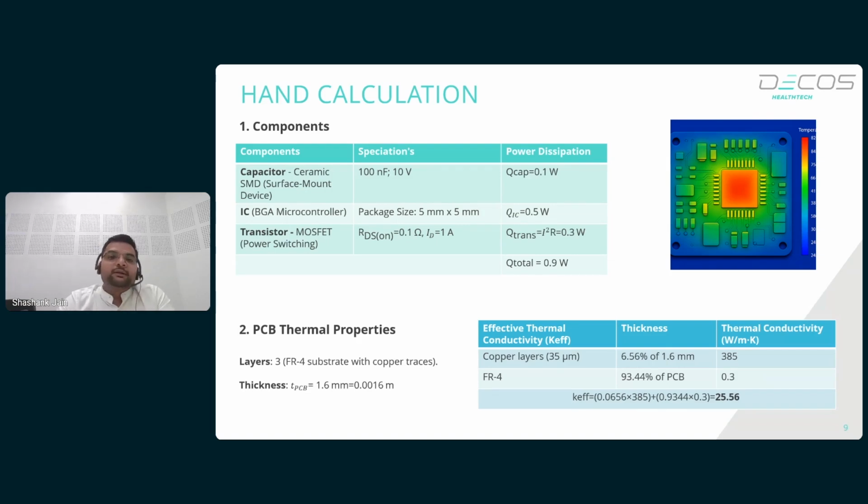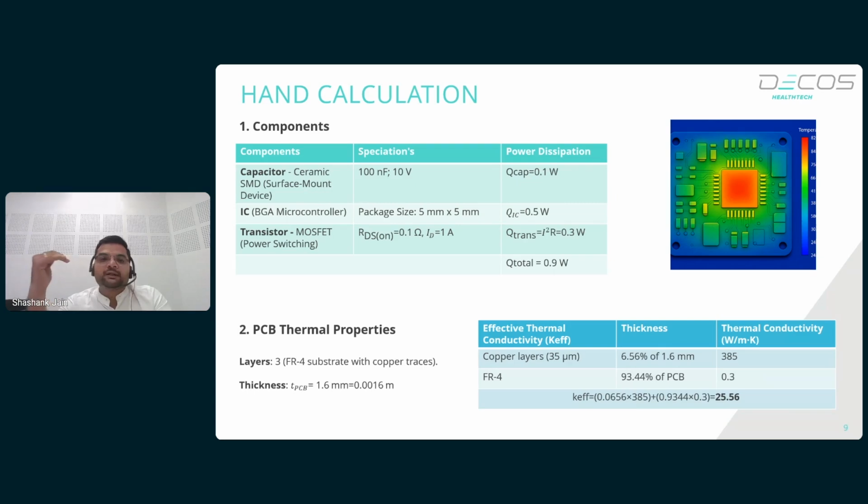Now, why I have included this case study is because of the significance of hand calculations. When you understand the basics, you are able to estimate based on your subject matter knowledge. You're able to estimate to what extent your PCB may attain the temperature while working during the operation. Correct, and hand calculations also help you compare your simulation results with hand calculations up to an estimate.